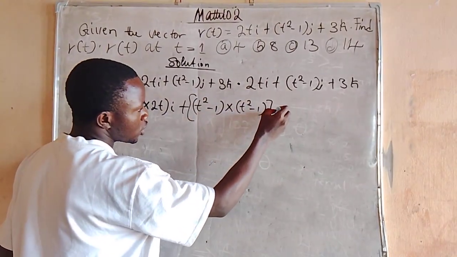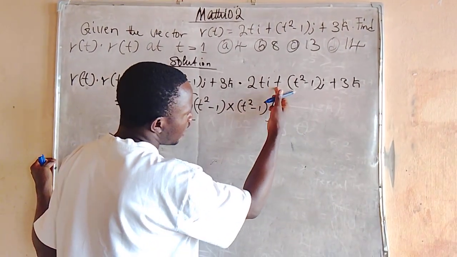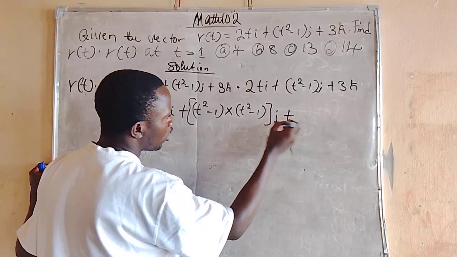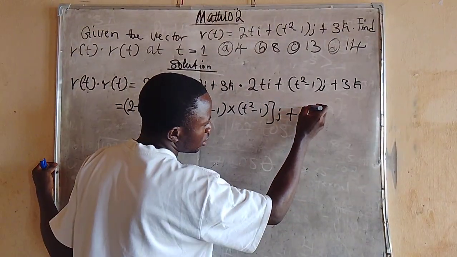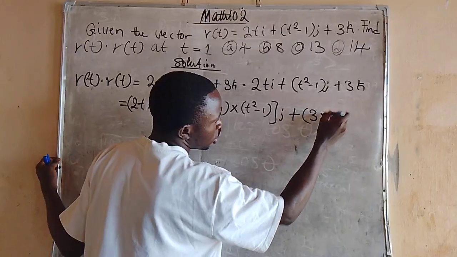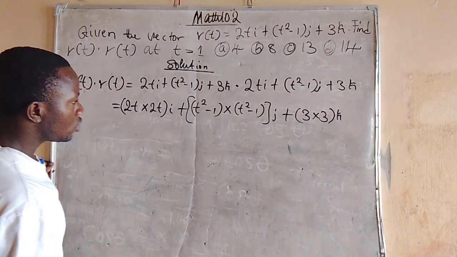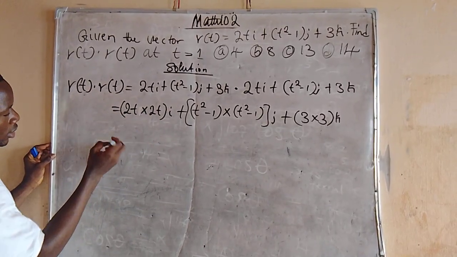The whole of this is the j component. Plus, we bring the plus sign down, plus we have 3 multiplied by 3, that is here, k. Is that taken? Good. Alright, so let's now multiply this together.